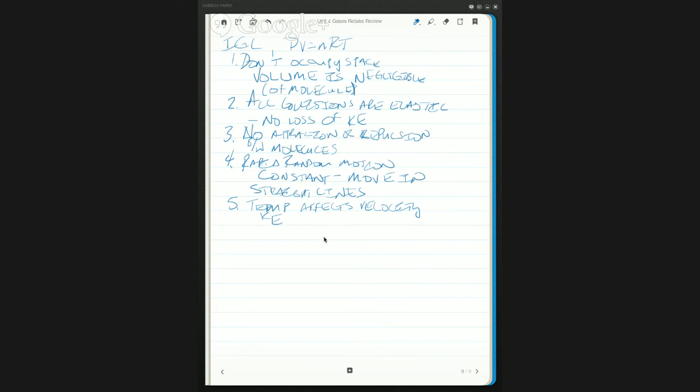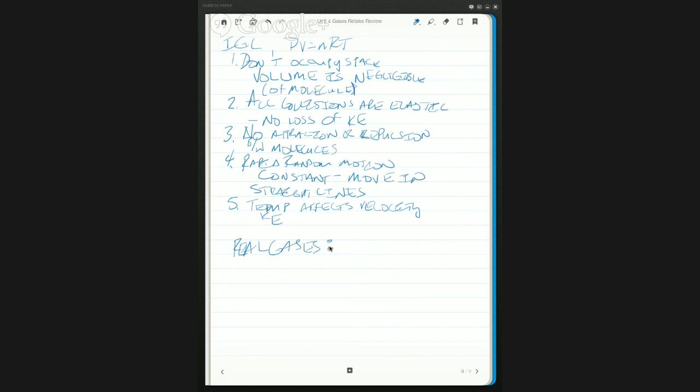I'm sure they're in a different order on your notes, but that's kind of what they are. So the question would be, which ones happen normally? They happen all the time anyhow. So which ones happen for real gases too?